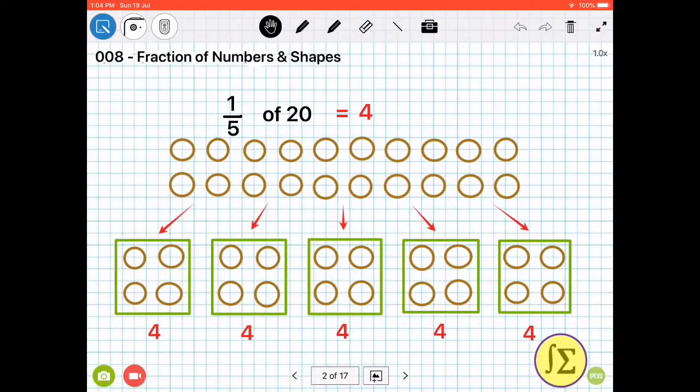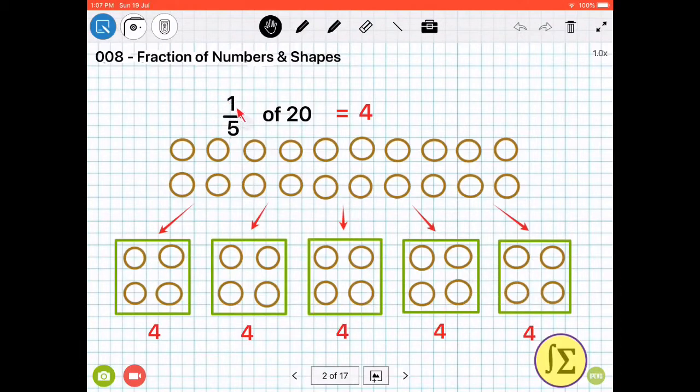In the previous lesson, we looked at fractions of numbers for simple fractions, where the numerator has a value of 1. Let's look at the same example from the previous lesson. 1 over 5 of 20. So, what's a fifth of 20? We studied that to find the answer, we have to take 20, divide it into 5 equal groups, right?